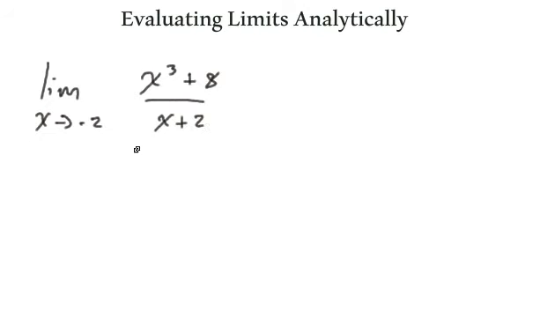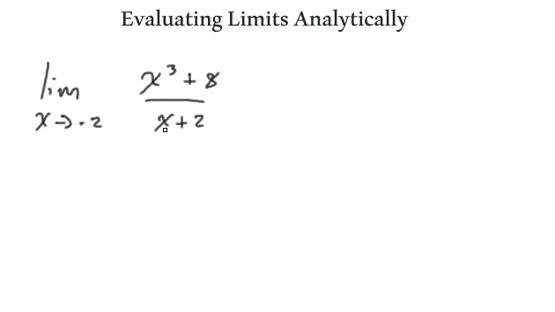Alright, let's look at this one here. We got the limit as x approaches negative 2 of x cubed plus 8 over x plus 2. So if I were to plug negative 2 directly into this, negative 2 cubed would become a negative 8, and negative 8 plus 8 is 0, so we get 0 in the numerator.